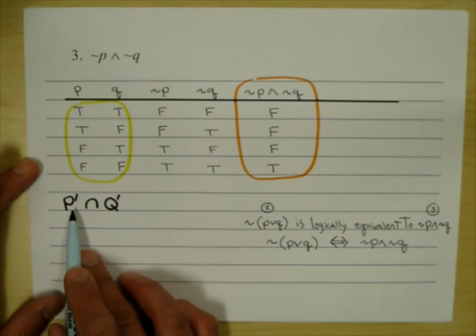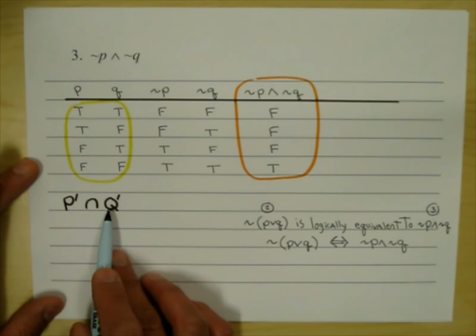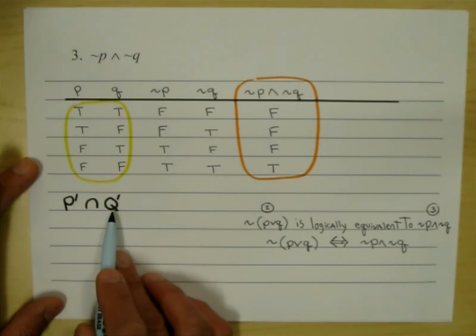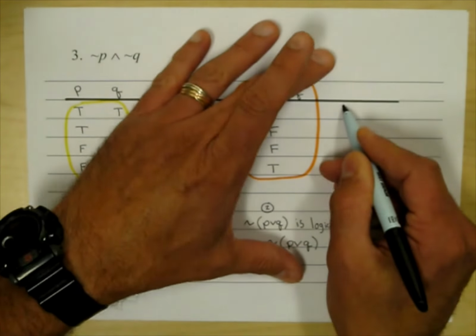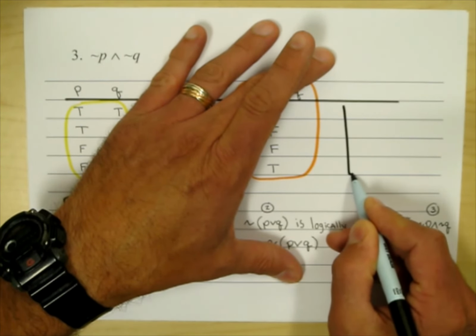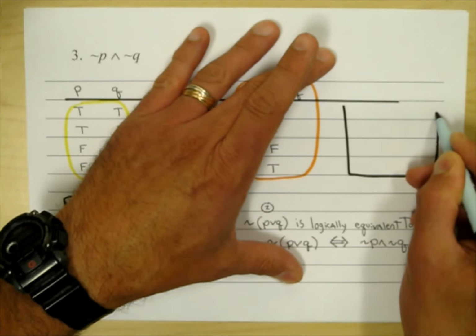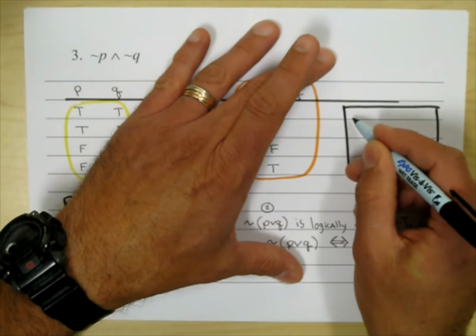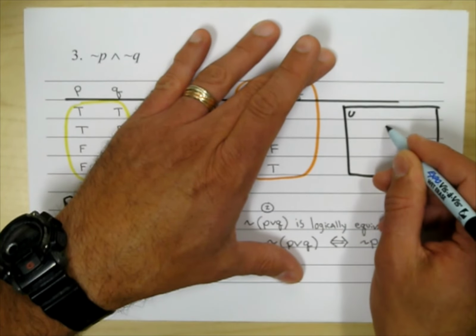So watch this. I'm going to go ahead and draw a Venn diagram for P complement intersect Q complement. I'll draw the Venn diagram right here because I'm running out of space. I'm going to draw the Venn diagram and shade it. So here's the universal set.